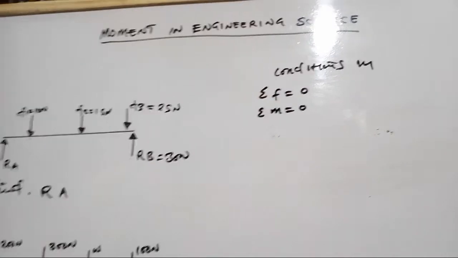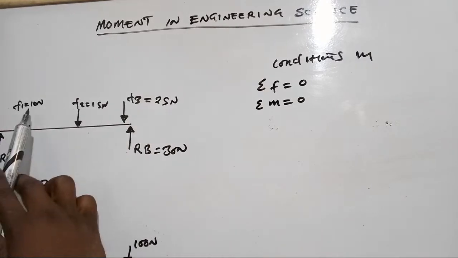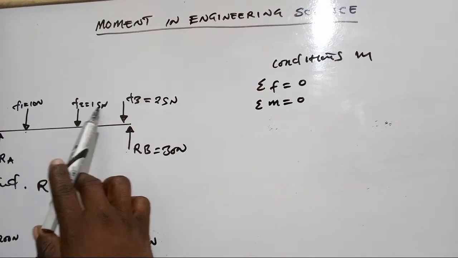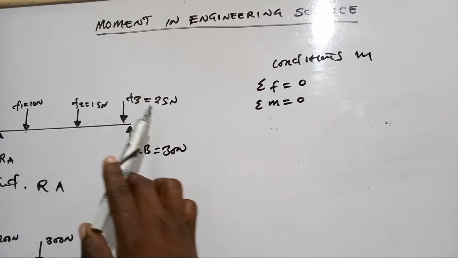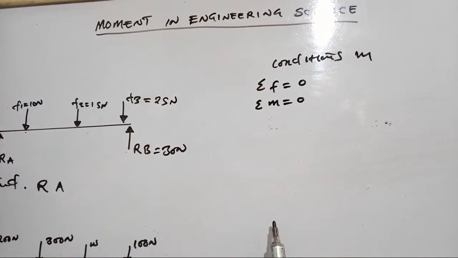We have F1 equals 10, F2 equals 15, and F3 equals 25 Newton. And we have to find Ra. How do we find Ra?